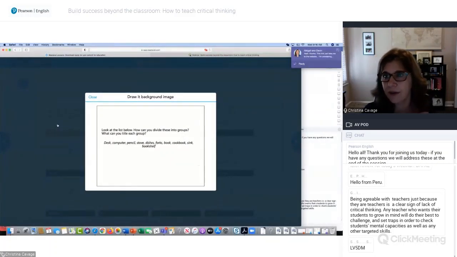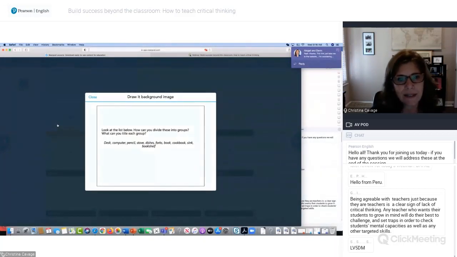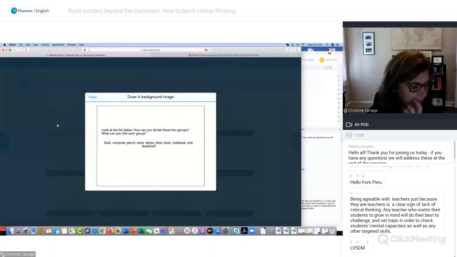And those of you who are not on Nearpod, if you can just kindly throw it in the chat box. But looking at the list below, how can you divide these into groups? What can you title each group? So if you're working in Nearpod, you can simply use your finger and maybe circle or underline those that you would put in the same group and write a title in.